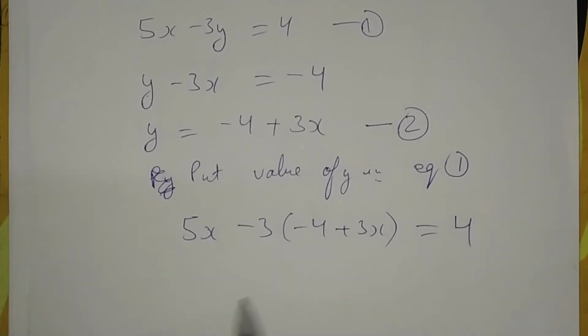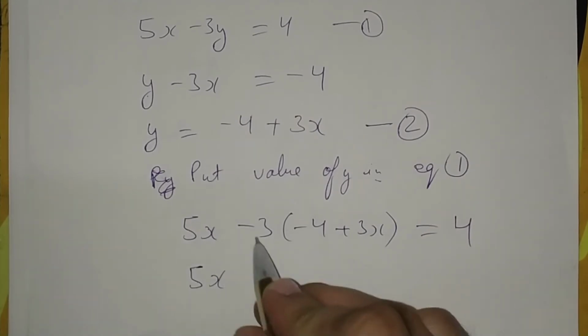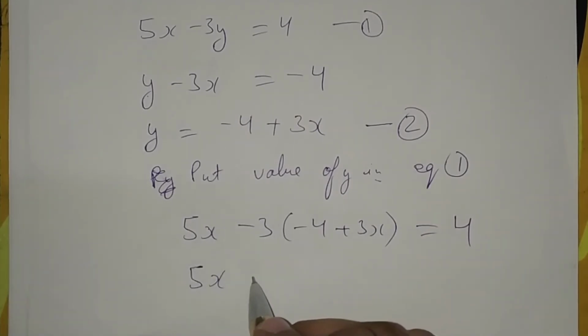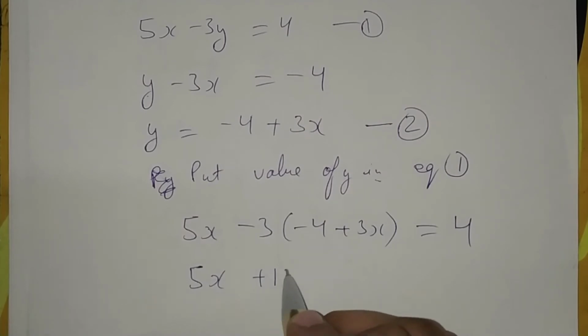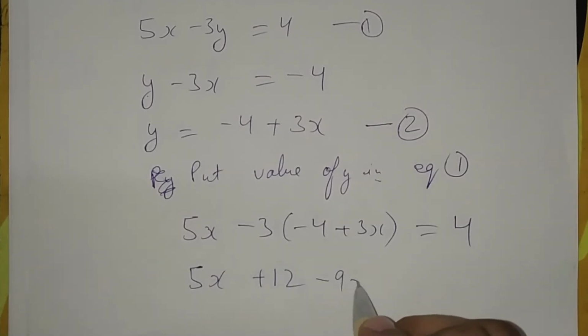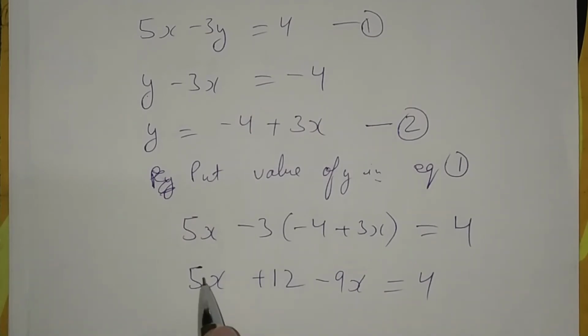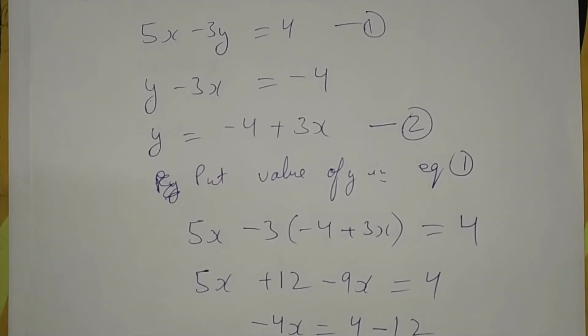From here we can calculate the value of x. 5x minus into minus plus 12 minus 9x equal to 4. 5x minus 9x is minus 4x. 12 will change into minus 12 and we will take it to the other side of equal to. So this is minus 8 upon minus 4, which is equal to 2.